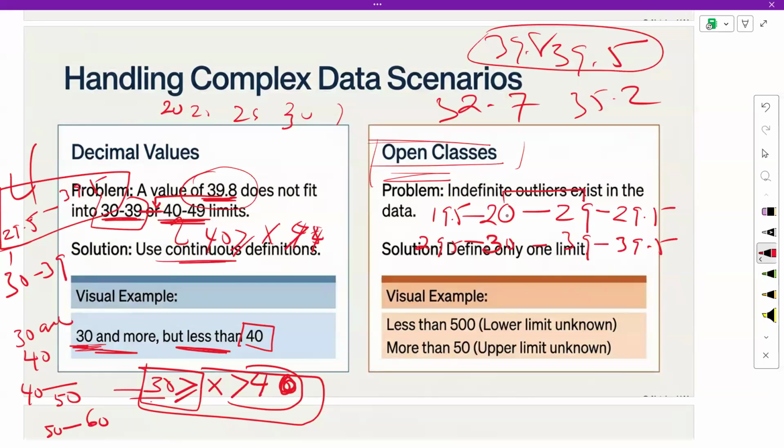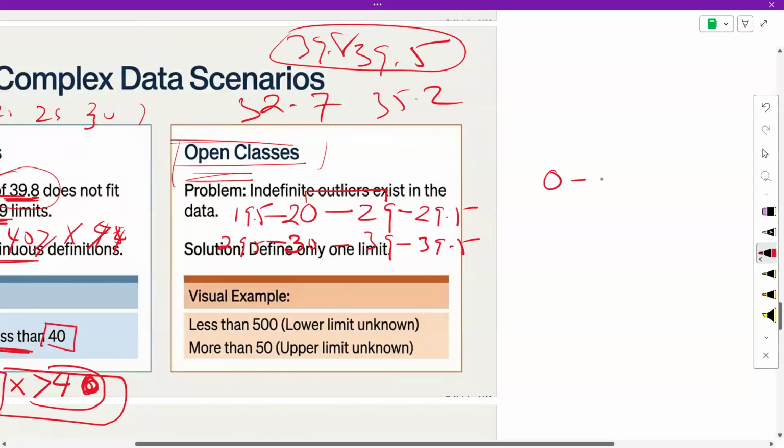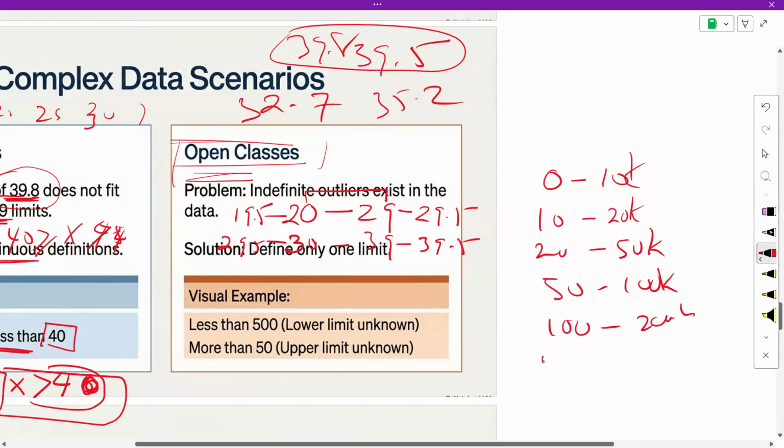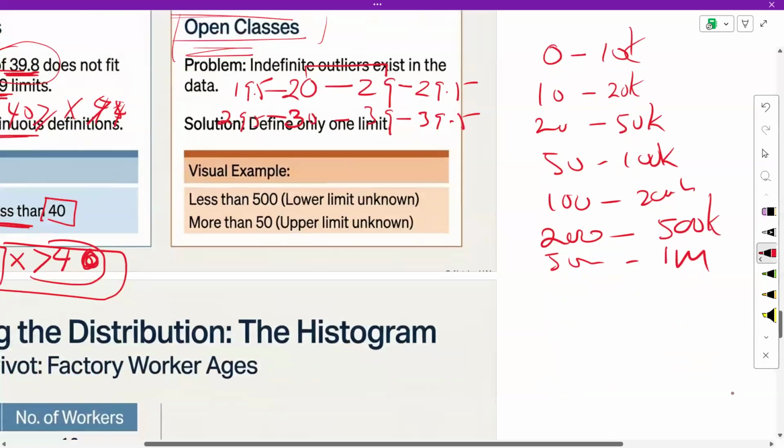For example, income groups. We can say income like this: 0 to 10,000, 10,000 to 20,000, 20,000 to 50,000, 50,000 to 100,000, 100,000 to 200,000, 200,000 to 500,000, 500,000 to 1 million, and 1 million to 10 million.